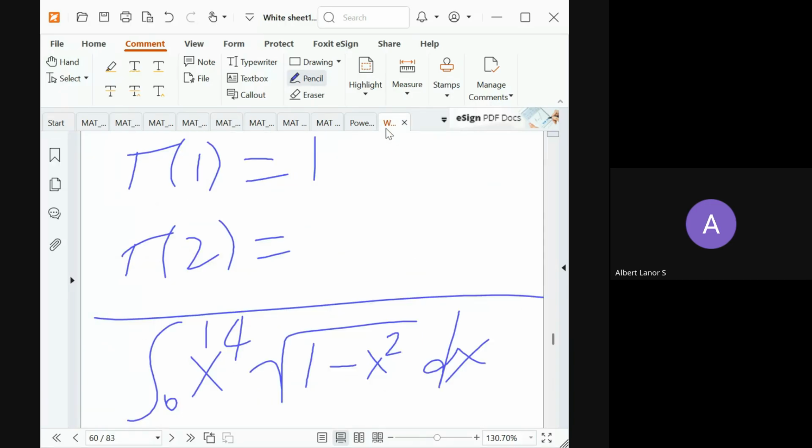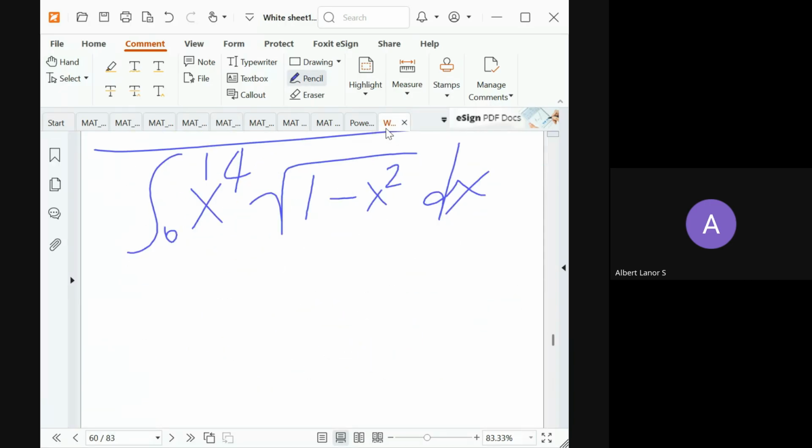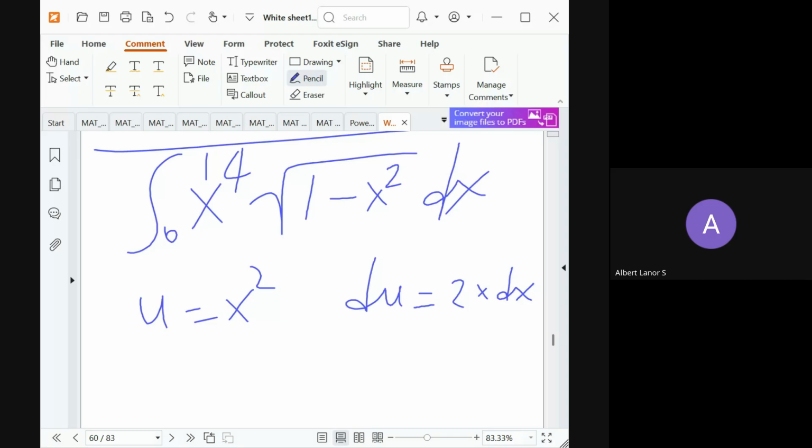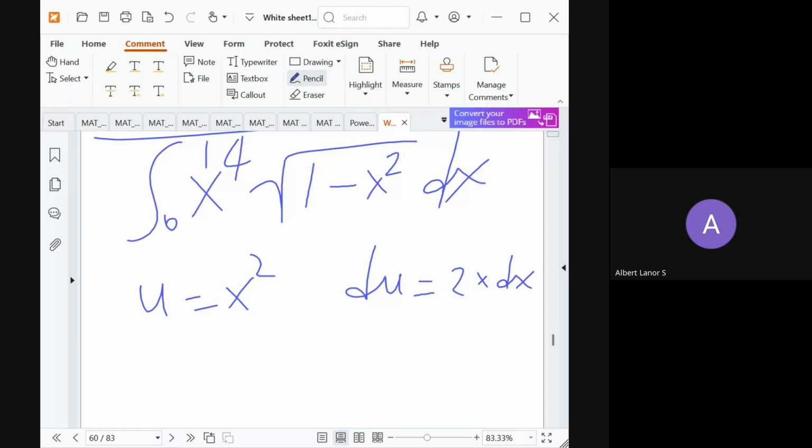So let's do it. Now we'll say that let u be x squared. Then du is 2x dx. Now, we want to write everything in terms of u. So this will be the integral, and the limits, I'll leave them.